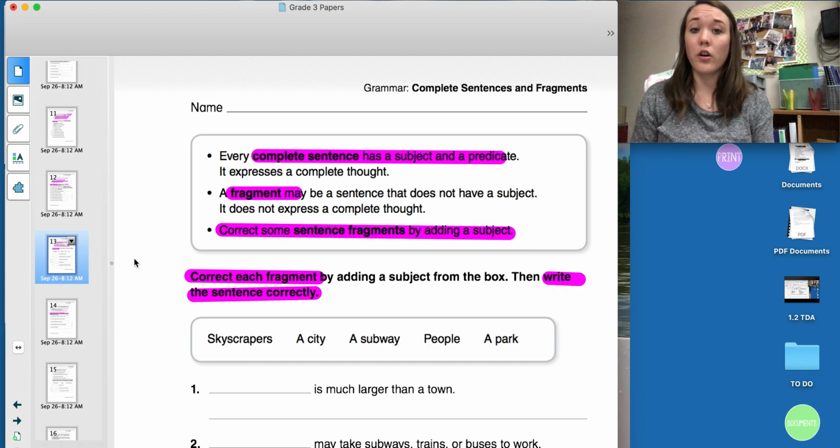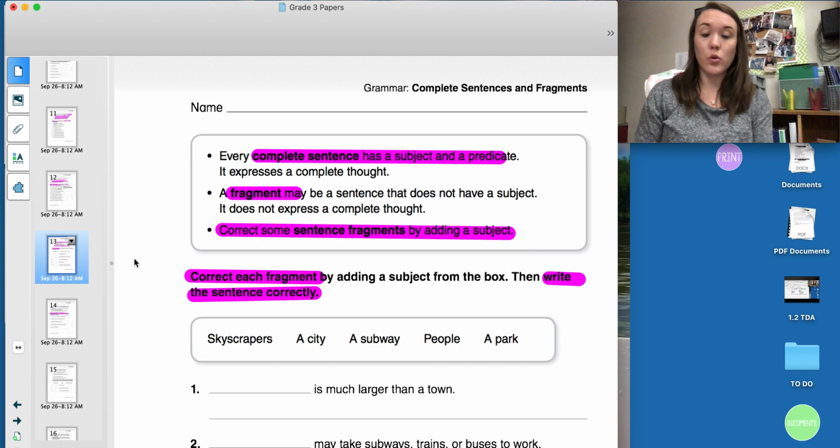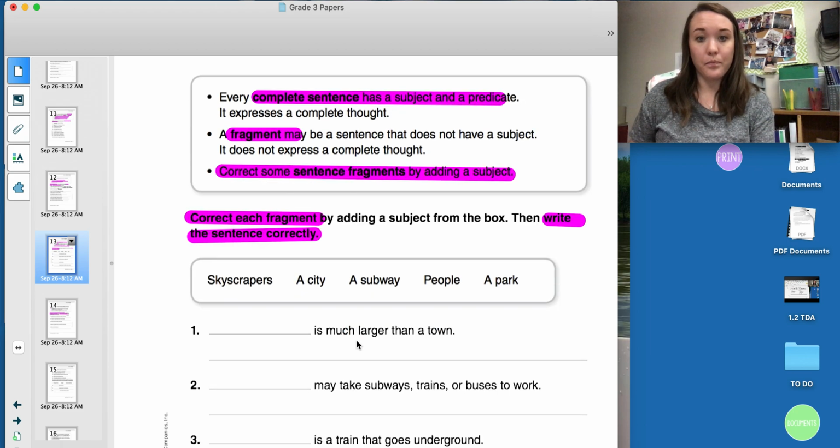That again is our Tarzan talk. Most of the time we are able to correct sentence fragments by either adding a subject or a predicate. On this page, we are going to correct each fragment by adding a subject from the box, and then we are going to rewrite the sentence correctly.